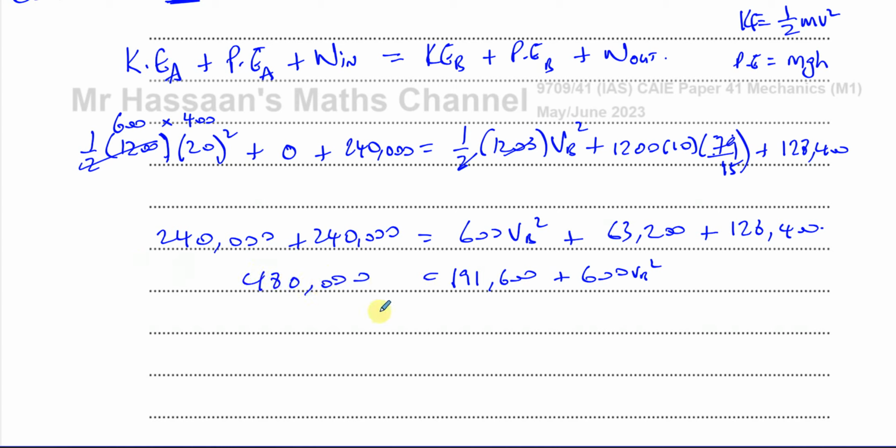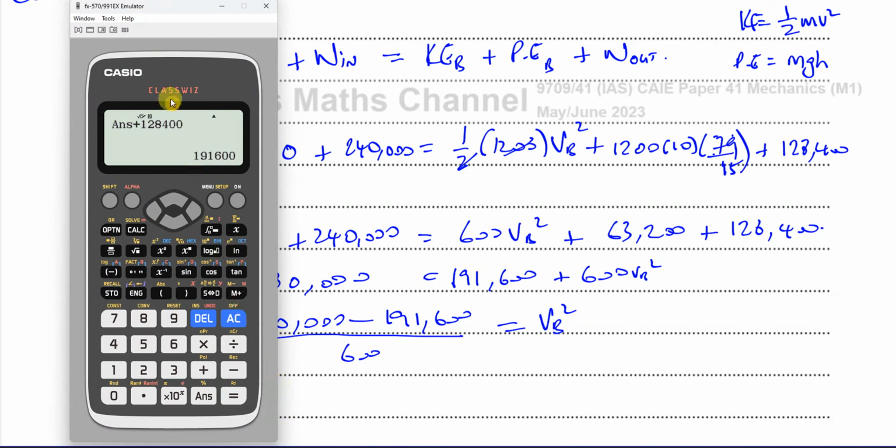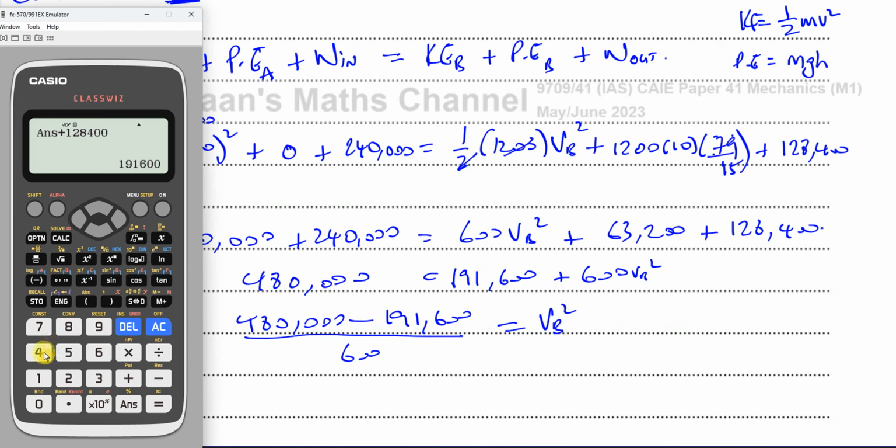It's just double basically. So we're going to have 480,000 minus 191,600 over 600, and that's going to be equal to VB squared. So let's work this out: 480,000 minus the last answer, which was 191,600, divided by 600.